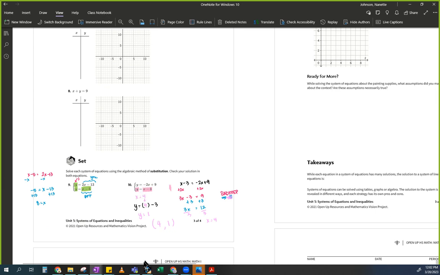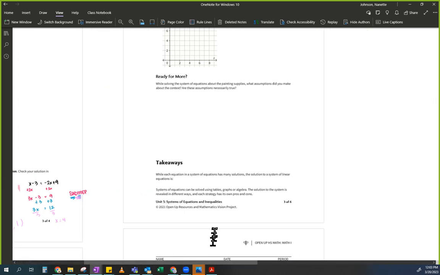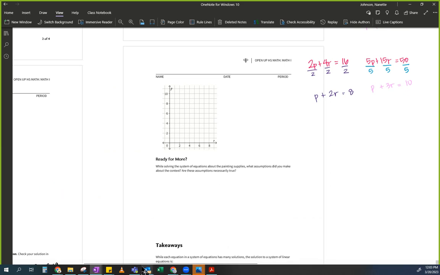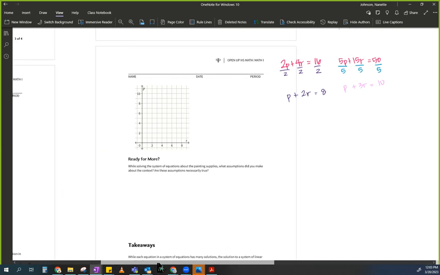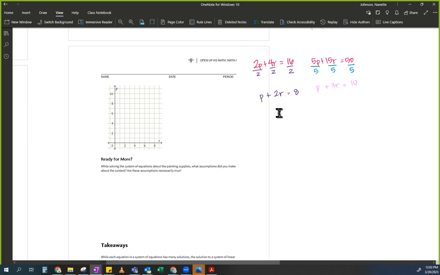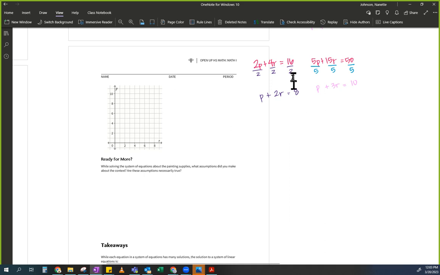It's not going to say y equals because I don't have a y, but can I get one of the variables by himself? Who would you get by himself, p or r in this equation?